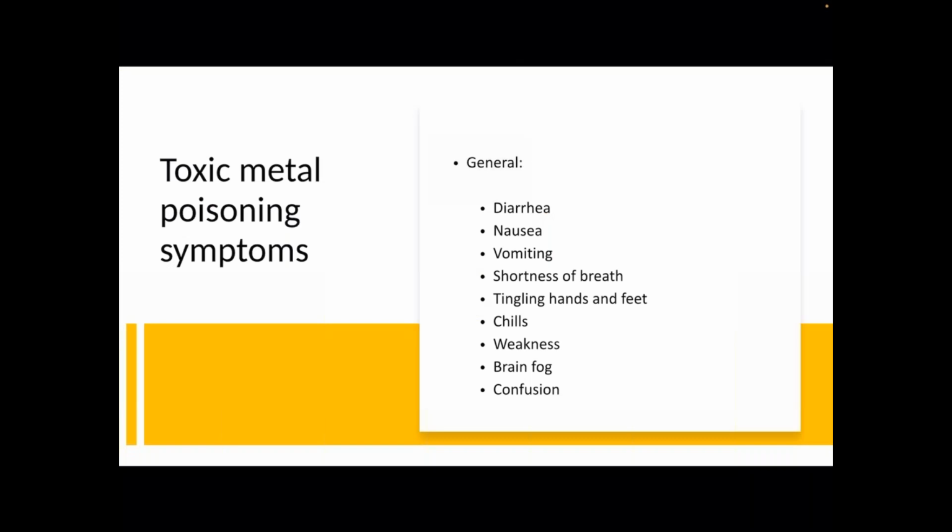So in general, first of all, some of the toxic metal poisoning symptoms are diarrhea, nausea, vomiting, shortness of breath, tingling, chills, weakness, brain fog, confusion. Now, I know you're sitting there probably thinking, okay, I can think of 10 other items for each of those categories that can cause this. And that's correct. That's because much of this is insidious.